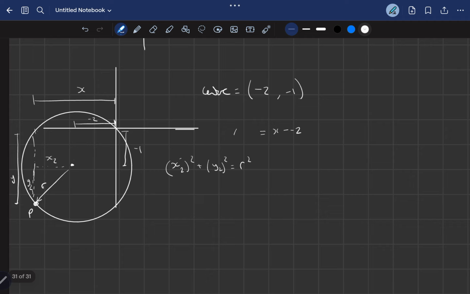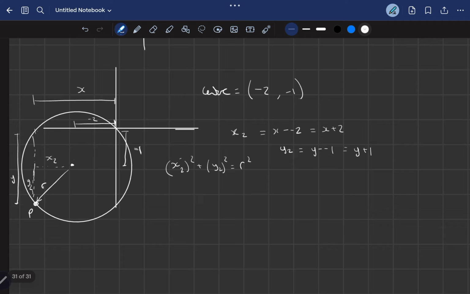And this is going to be x subscript 2. Now what about y2? Apply the same logic. If this value is negative 1, we do y2 is equal to y minus negative 1. And we know that minus a minus just means plus. It's just x plus 2, and it's just y plus 1.